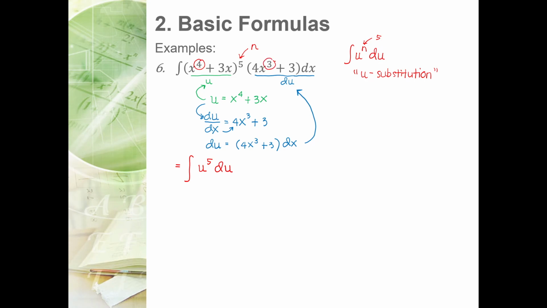So one technique in observing this u sub technique is that you should derive your u so that the resulting derivative stands on the other side, so you can replace all the parts of the original equation. Okay, so this will be u to the power of 6 over 6 plus c.